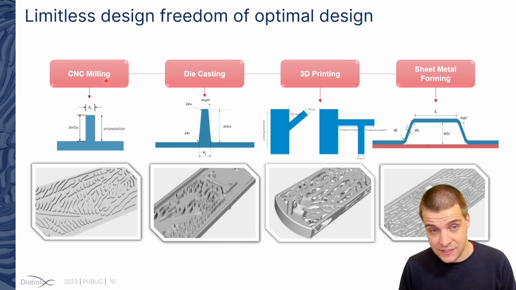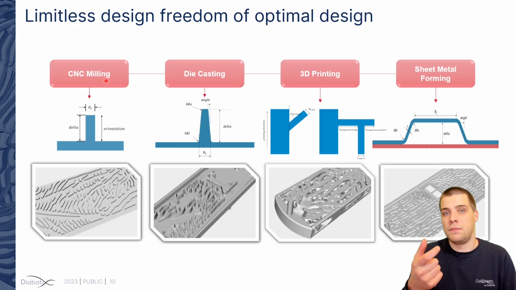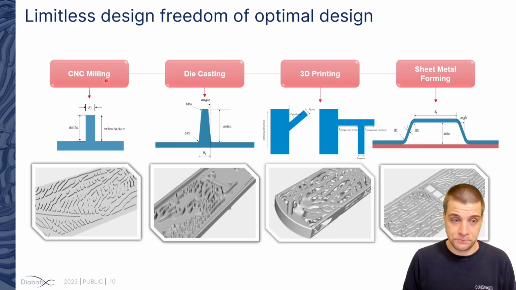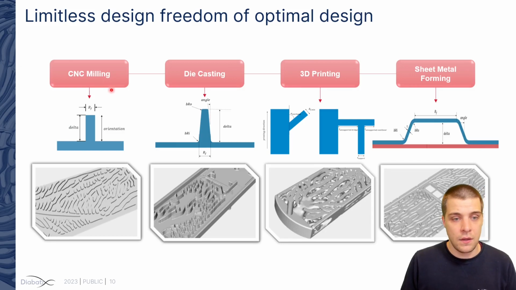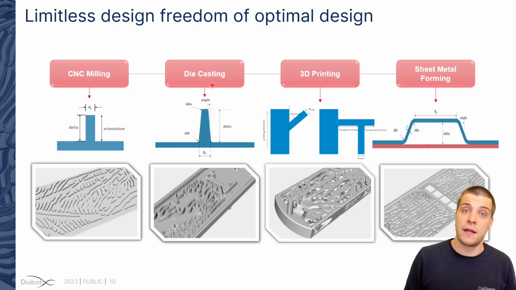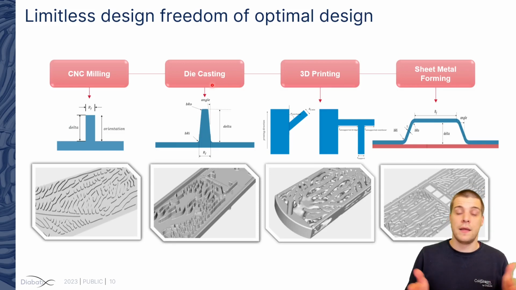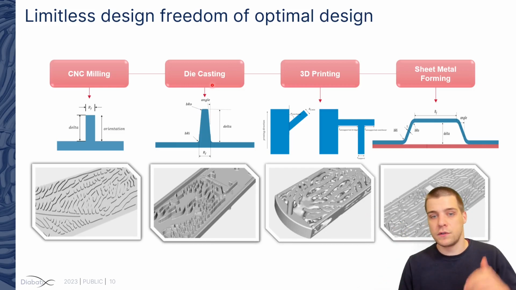For example, with CNC milling, you have control over the minimal channel width, so basically the milling tool size, as well as the depth of your milling operation, where you always get 2-dimensional structures. While with die casting, you have control over the minimal and maximal structure width, as well as the release angle to get it out of the mold.